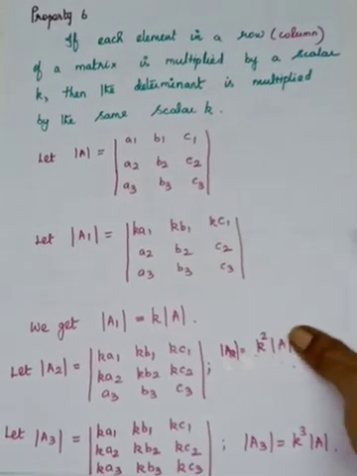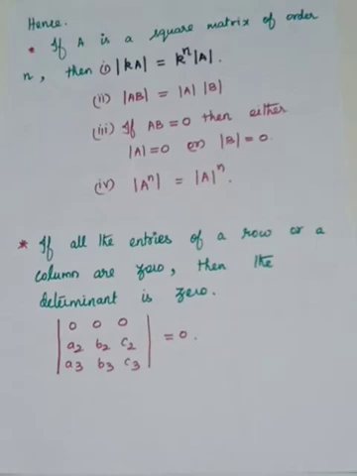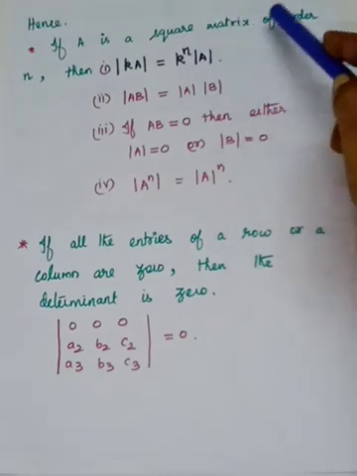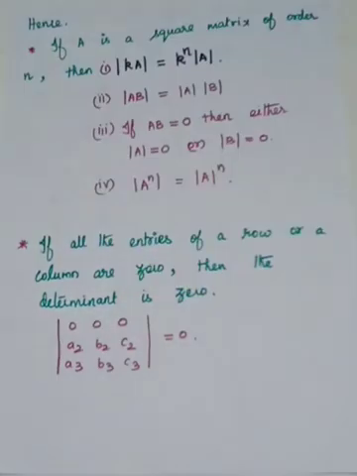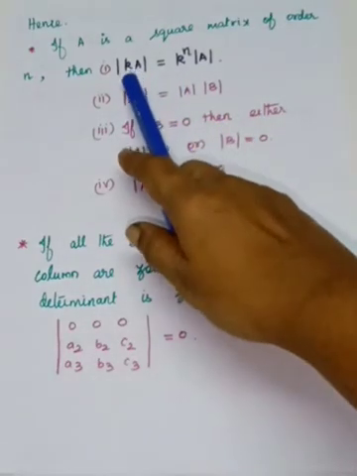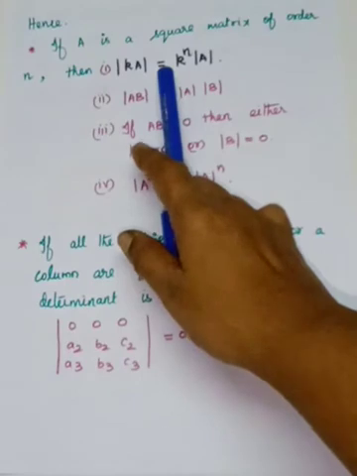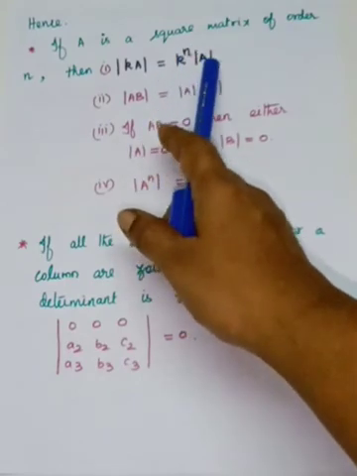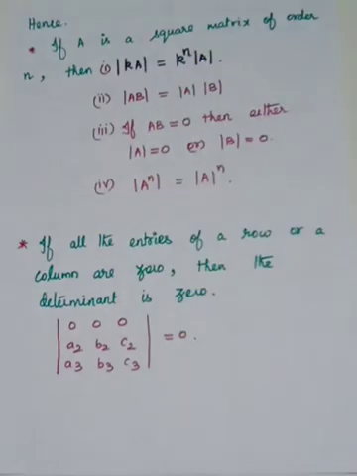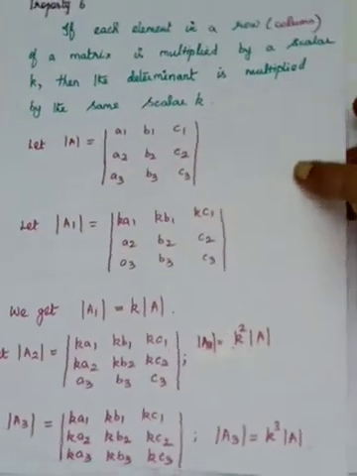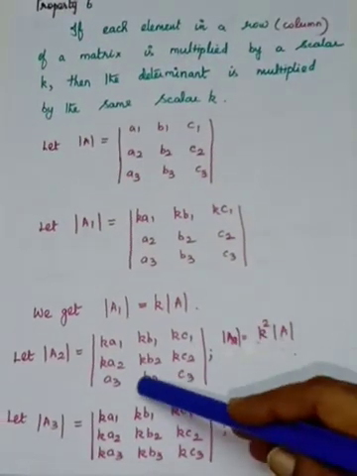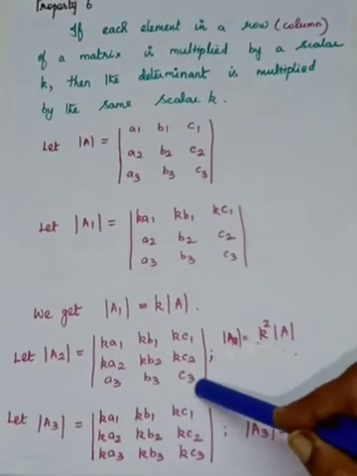Okay, so from this we can conclude: if A is a square matrix of order n, order n means what? It has n rows and n columns. So the determinant of kA can be written as k to the power n into determinant A. See now here, this is a 3 by 3 determinant.